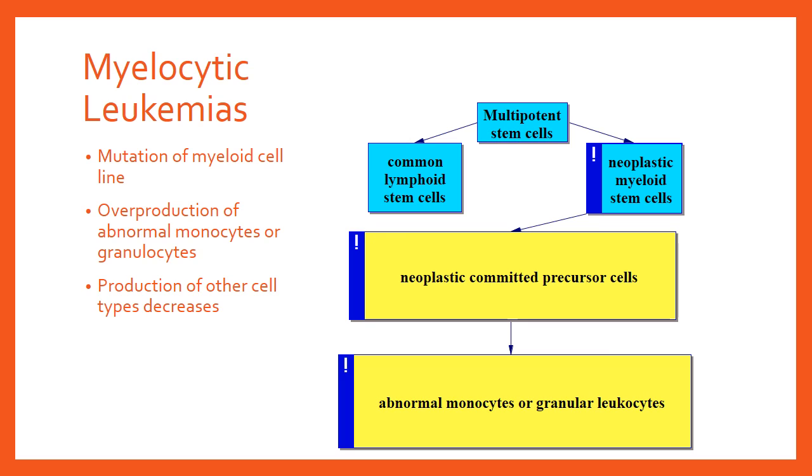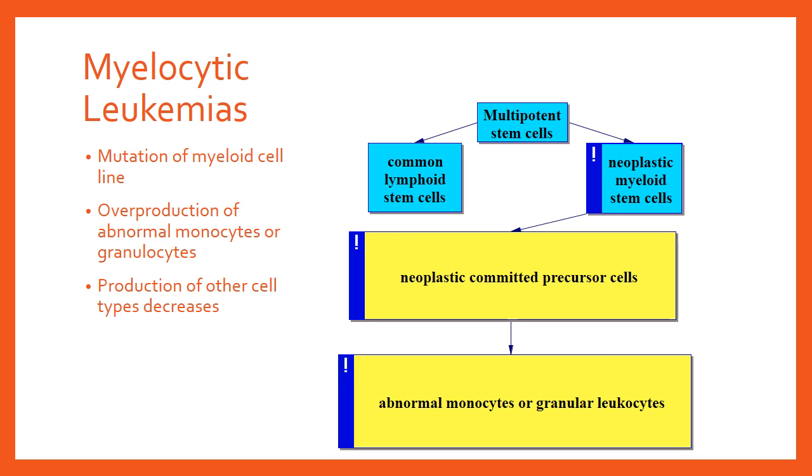The origin is a multipotent stem cell, which will give rise to neoplastic myeloid stem cells, and that will result in the development of abnormal monocytes and granular leukocytes. This is related to some type of mutation in this line, and like in any malignancy, we will have overproduction of abnormal cells.